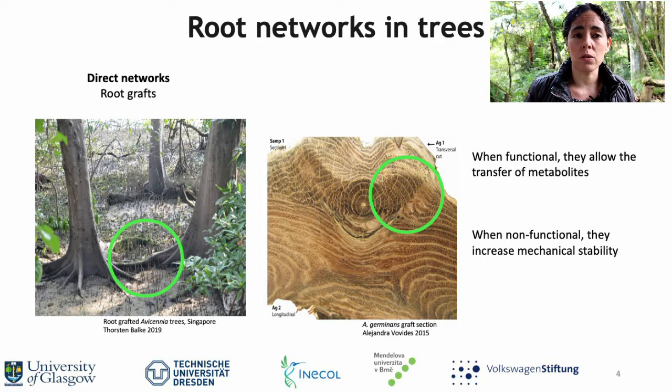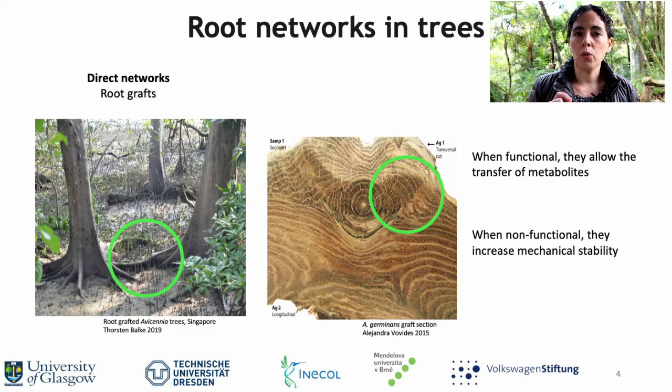In some cases there is tissue union at some level, but it's not functional. It is not capable to transfer resources. Still, this non-functional graft can benefit trees by providing an extended root anchorage system that increases a tree's mechanical stability.